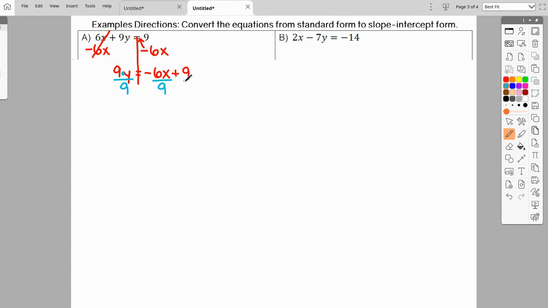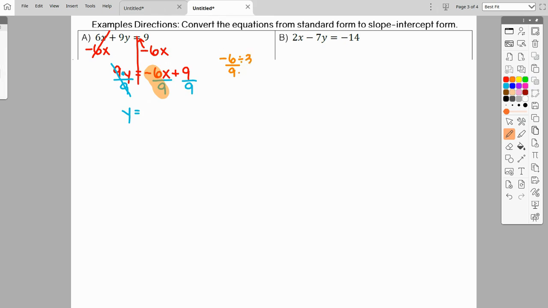And when I divide by 9, I have to divide that to every term, the y term, the x term, and my number term. I cancel out 9 divided by 9. That's just 1 with y. And then I go ahead and see that I can simplify this fraction. -6 over 9, I can see that I can divide both the top and bottom by 3.